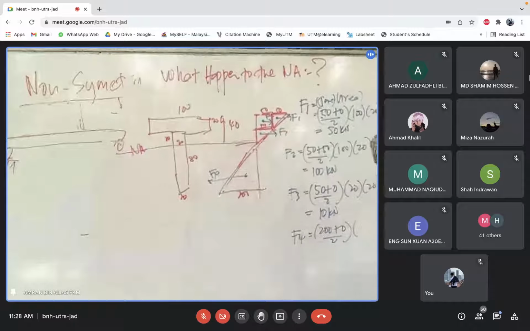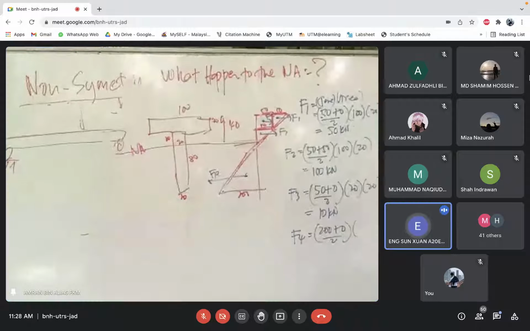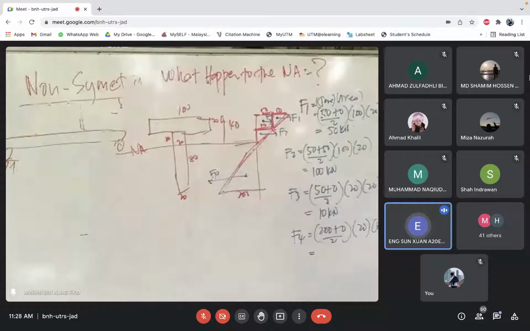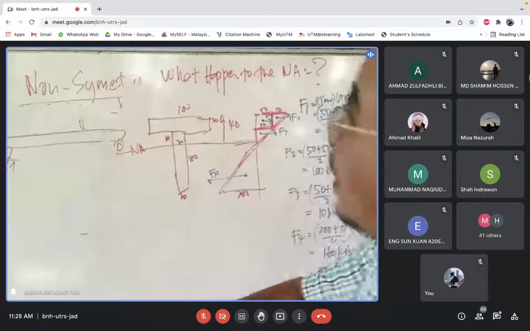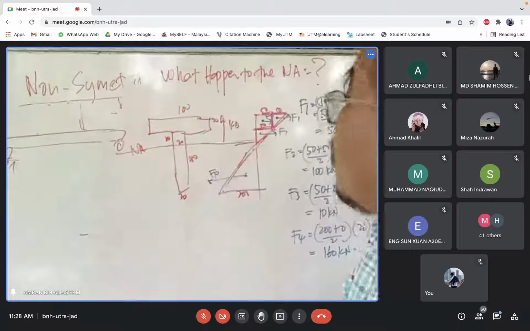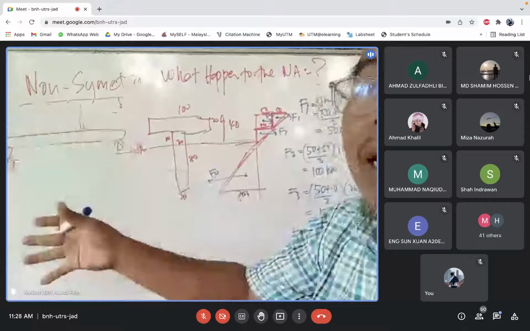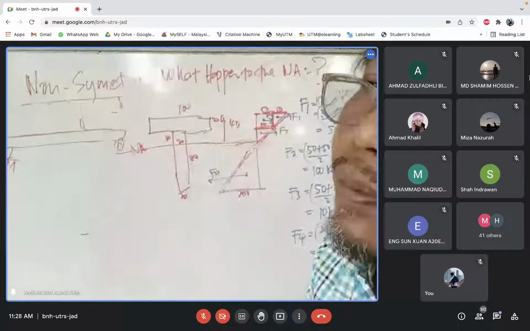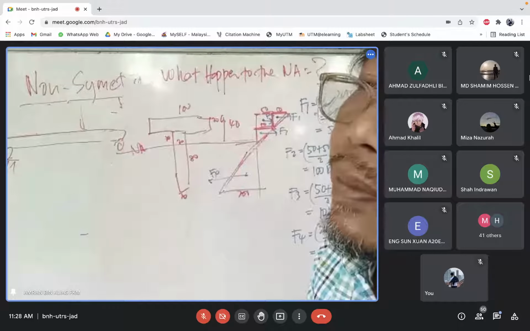What's the area? 20 times 80. So what's the value there? 160 kilonewton. Okay. Even though you bend it like that, it's not moving to the left or to the right. Why?